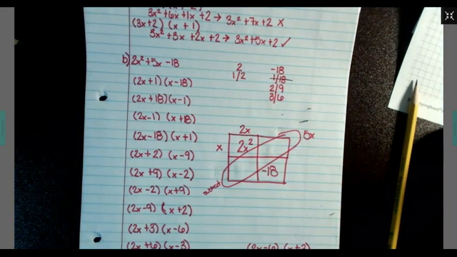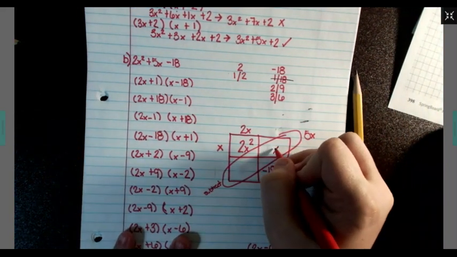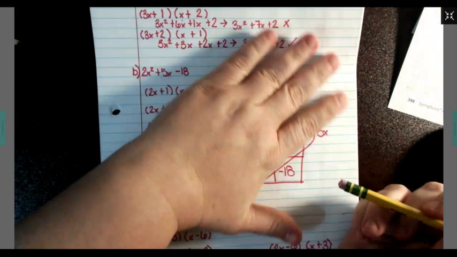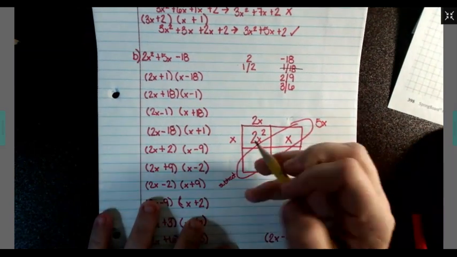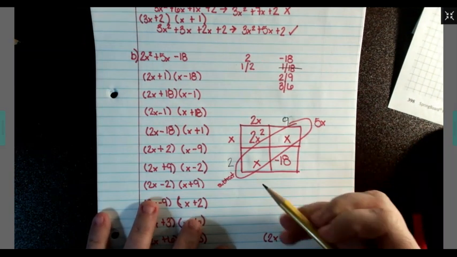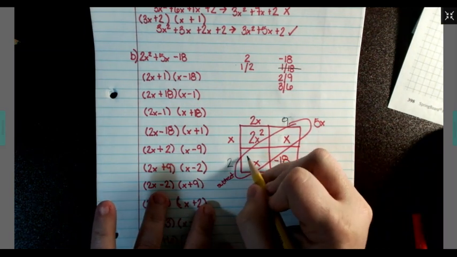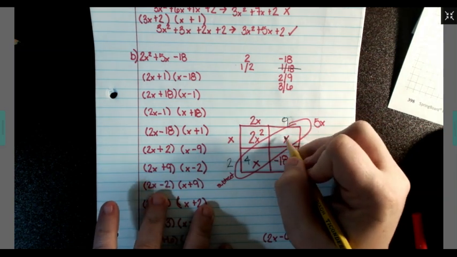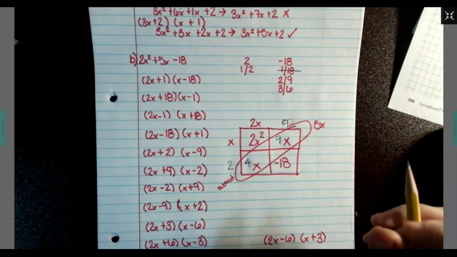And I'm actually going to put the x in red because I know that it has to be x terms, right? So let's make this 2 and 9. Well, 2 times 2 is 4, right? x times 9 is 9. All right.